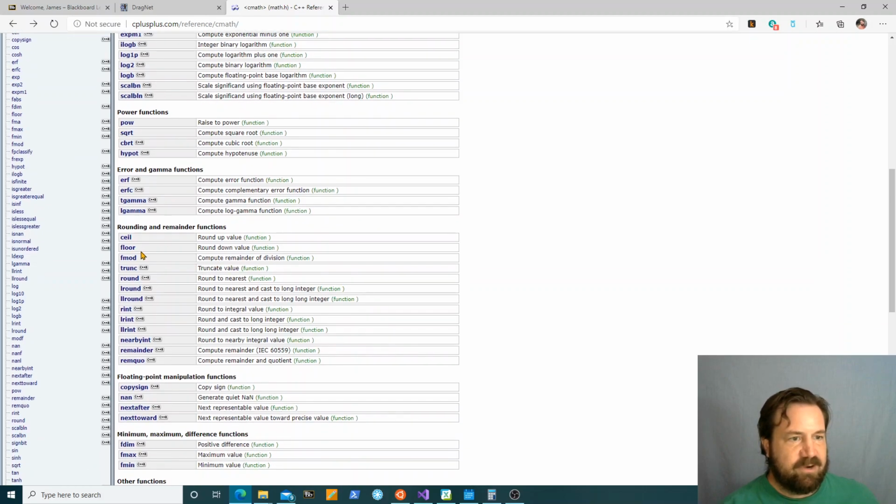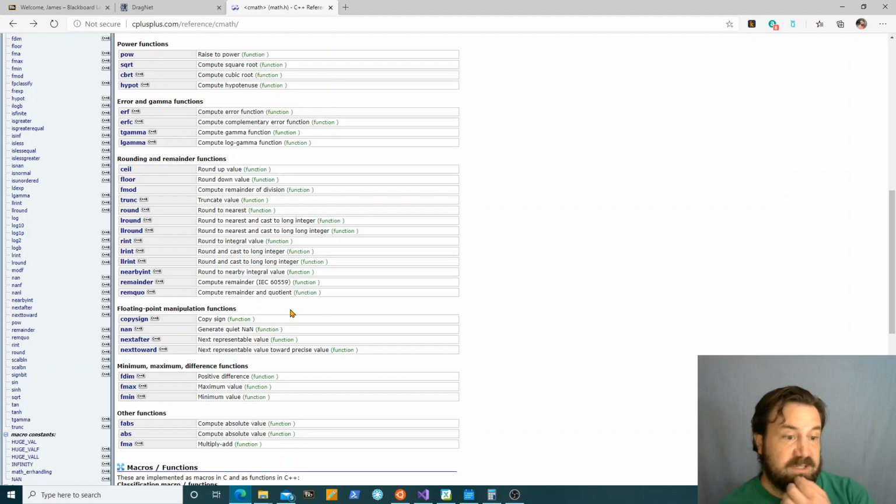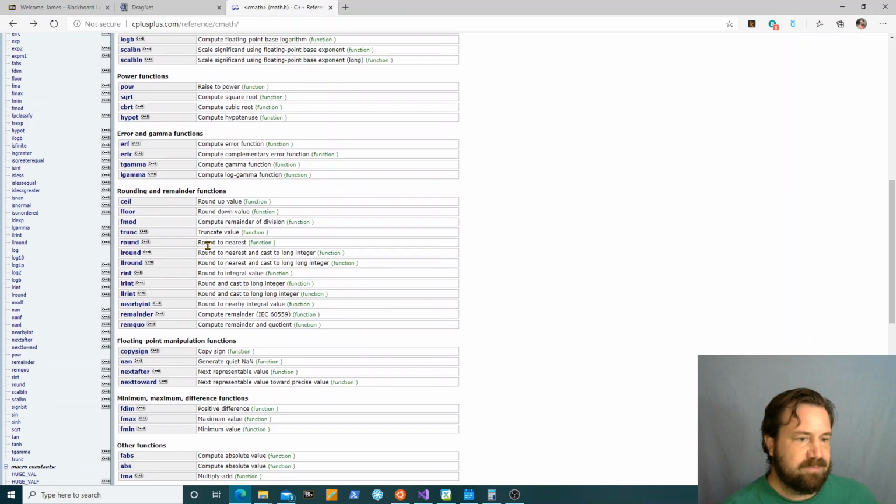And then there are some functions for ceiling, floor, trunc, or round. Round is probably the one in here that you would use most often, where you don't want to convert something to an integer by just chopping off all the decimal points. You want to actually round it to the nearest value.